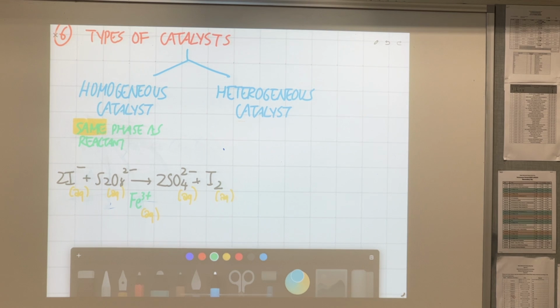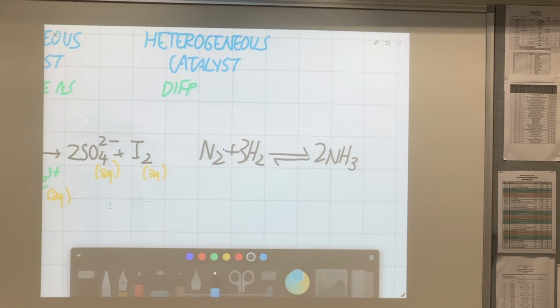What are some examples? Well, there are a lot more examples of this type. Look at the Haber process. What is the catalyst of the Haber process? Fe. Solid. What are the states of the reactants? Gas. So you have N2 plus 3H2 becoming 2NH3.